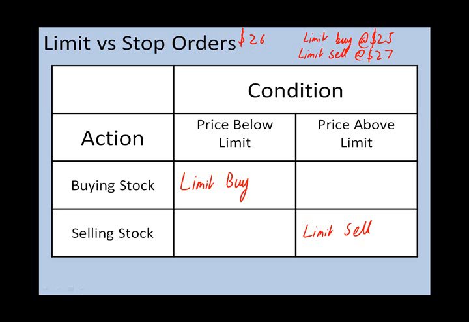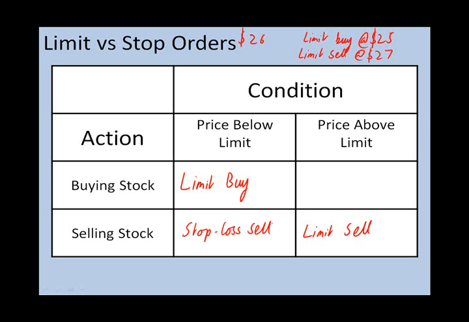Now let's consider stop orders. If we've bought a stock and we don't want to monitor the price of that stock, but we want to get rid of the stock if it starts to fall in price, what we could do is place a stop loss sell. And a stop loss sell order means that if the price of a stock falls below a certain limit, you will sell the stock. So the name makes sense. It's stopping your losses.